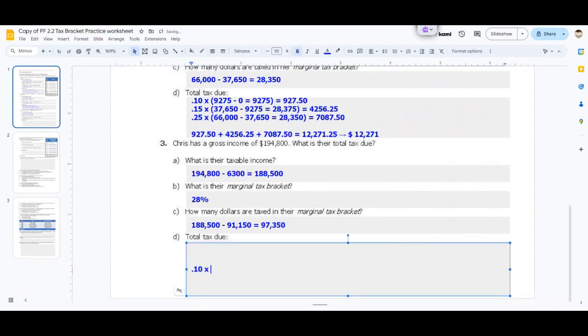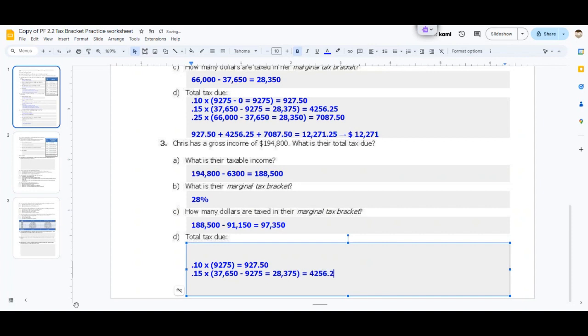So 10% of the entire first range, which was 9275, is still 927.50. 15% of 37,650, right? They're filling up the entire 15%. So we're going to the maximum amount minus the dollars that were already taxed, which leaves us with $28,375 falling into that 15% range.